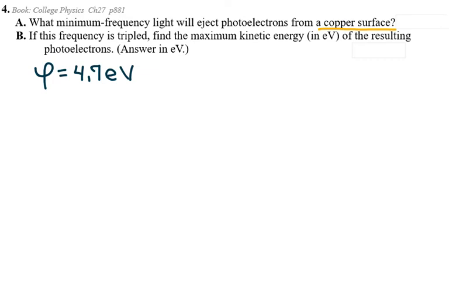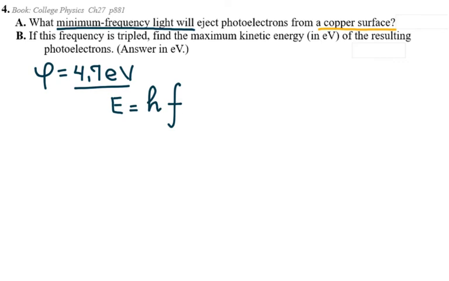And I want to calculate the minimum frequency of the light that will eject photoelectrons from the copper surface. The energy, or the work function, is equal to Planck's constant times the frequency. Since my energy is in electron volts, I'm going to plug in Planck's constant in electron volts.